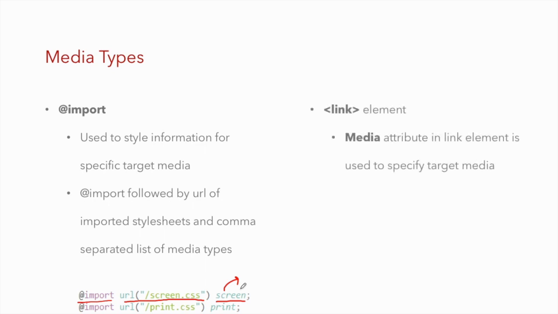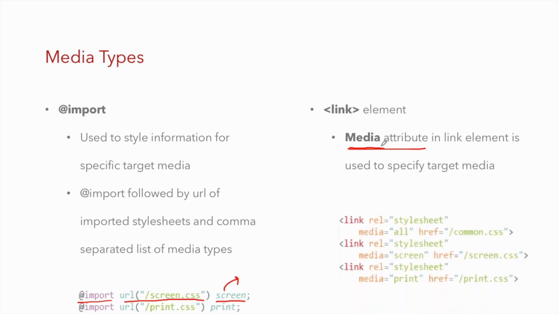And then the third method is the link method. To specify the media types, you can add a media attribute, and link will have a reference to the CSS file, and that file will be applied to the set media value only. So this is one example. You can write the link tag like this.